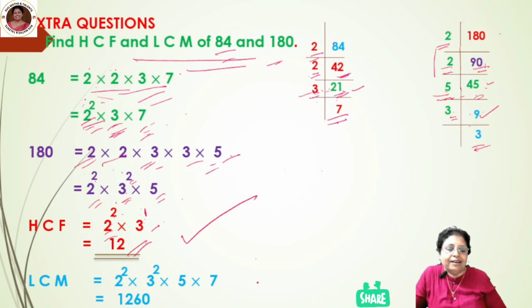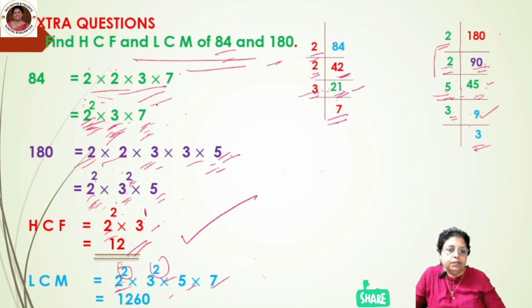Then come to the LCM. What about LCM? In the same way you list out all the prime factors involved. That means 2, 3, 7 and 5. Then you take the highest powers. Here it is 2 square, here also 2 square. So highest power is 2. Then what about 3? Here 3 square. So highest power is 2. So 3 square.